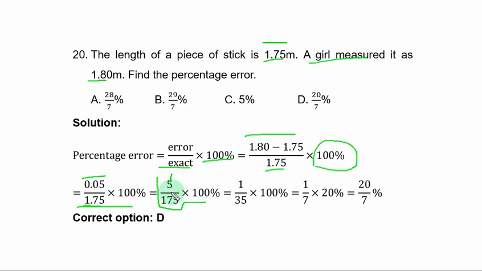If you divide through by 5, you have these results. And if you reduce by 5 again, 100 and this by 5, you have 1 over 7 times 20%, and that is 20 over 7%. D is the correct option.